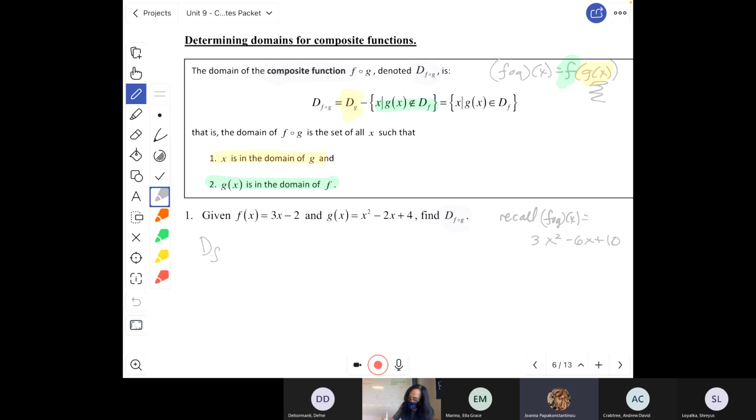So I personally write it a little differently and say I start with all real numbers, and then I subtract the restrictions to g, and then I subtract the restrictions to f of g of x. Now, we started with all real numbers. Do we have any restrictions on g? No. Do I have any restrictions on the composition? No. So I have just all real numbers.